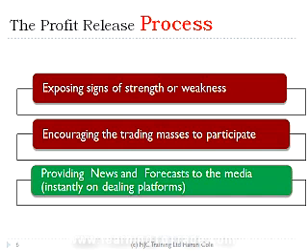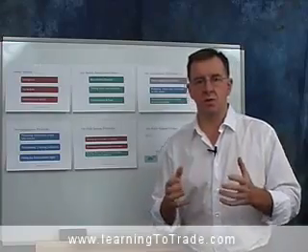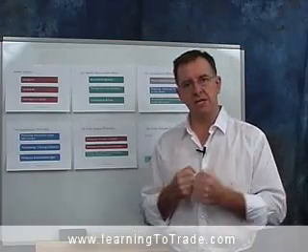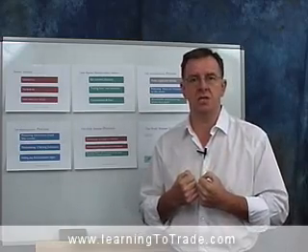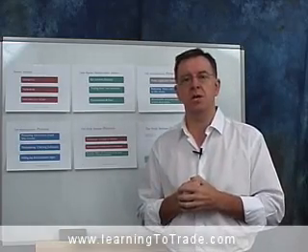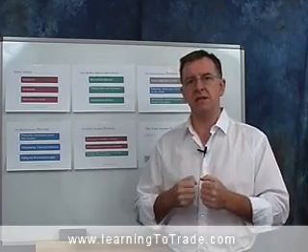This brings us now to the profit release process. What we're looking at is exposing signs of strength or weakness, encouraging the trading masses to participate, providing news and forecasts to the media instantly on dealing platforms. Okay, exposing signs of weakness or strength. When the market makers have accumulated the amount of stock that they require, in this case we're using dollars as an example, they've accumulated the amount of buy dollar orders that they want, they're ready then to release that.